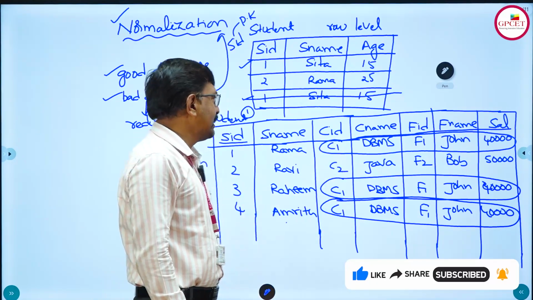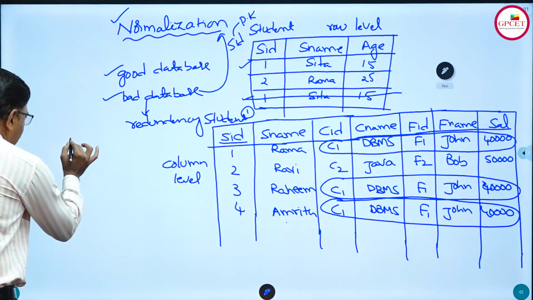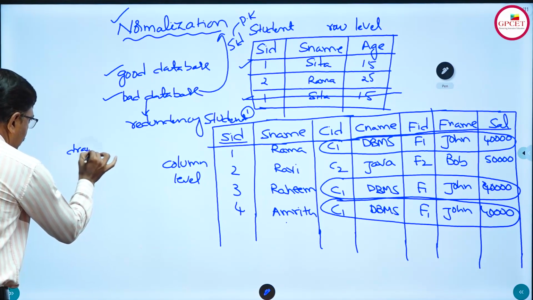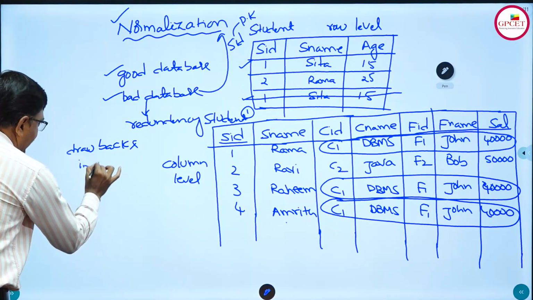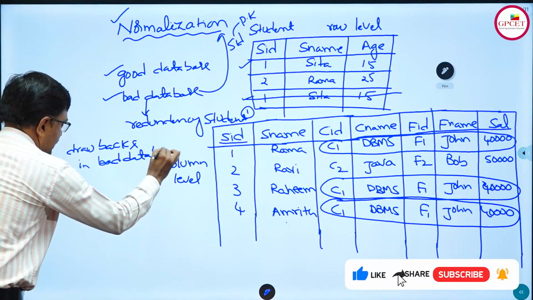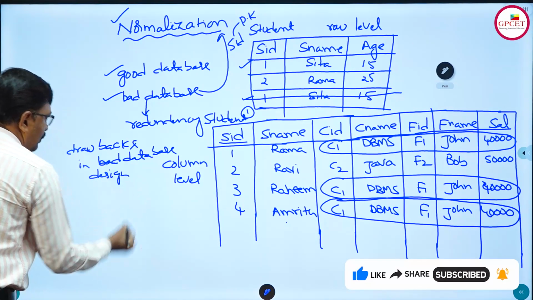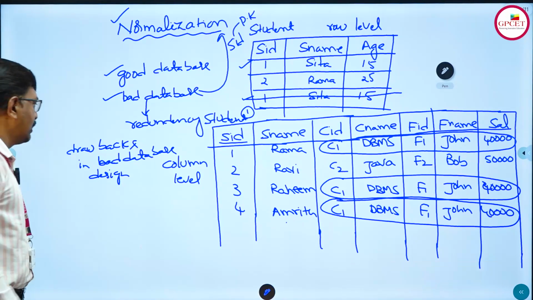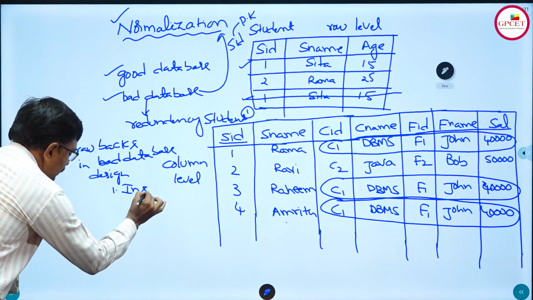How can you eliminate it? And what are the drawbacks in bad database design? What are the drawbacks in bad database design? The first drawback is the insertion anomaly.